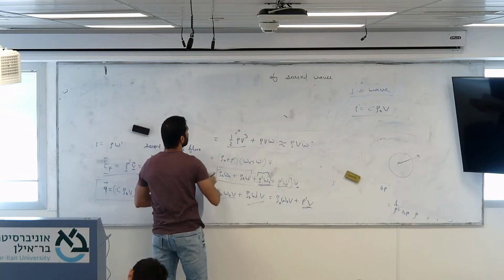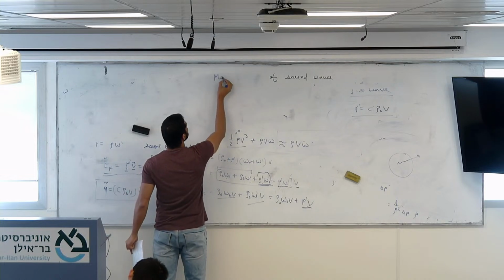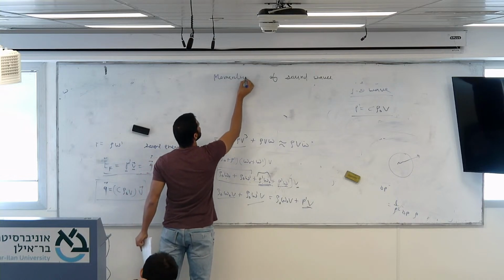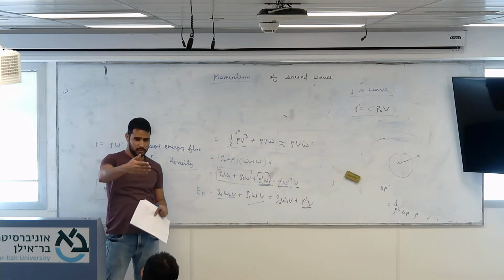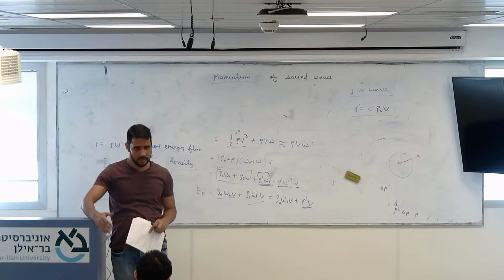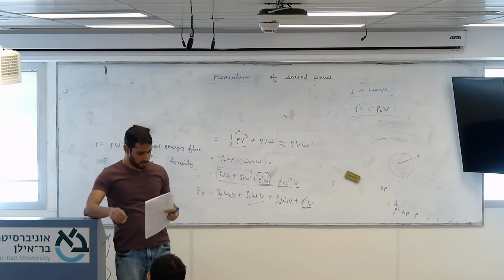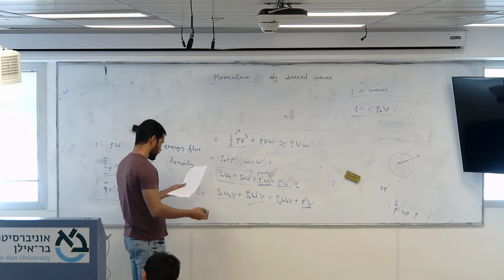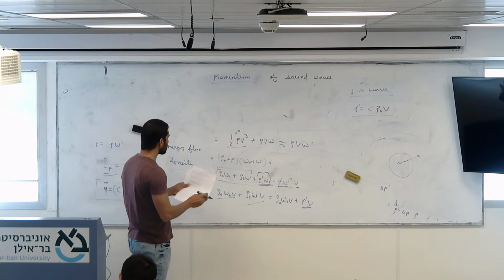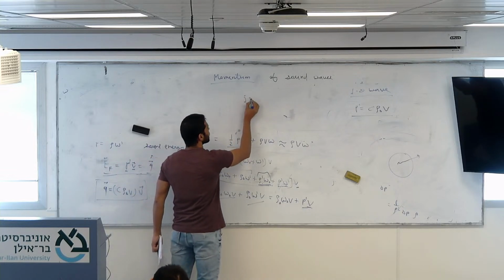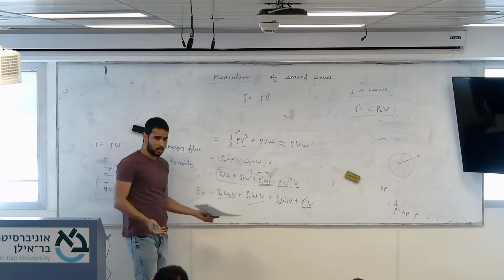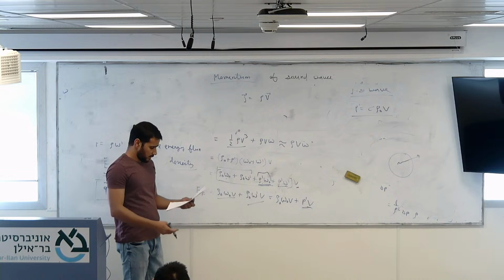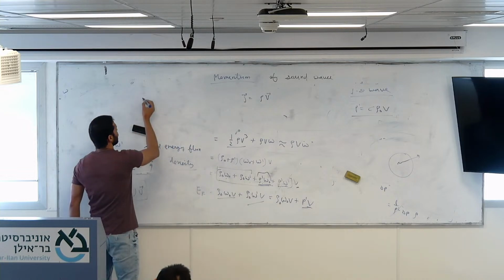Now momentum. So now we saw the energy flows. When energy flows, it imparts momentum. The momentum density is J. You know it from the continuity equation, right?